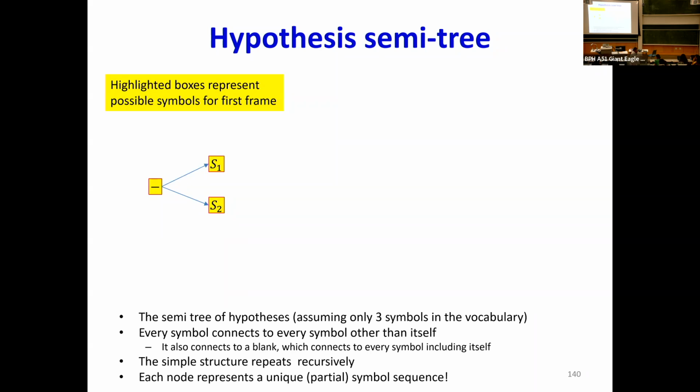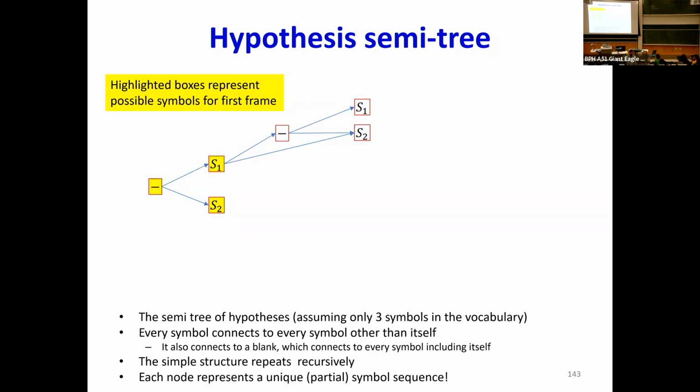Now, what are all the ways of generating S1, S2? I can extend that S1 to an S2. But then what are all the ways of generating S1, S1? For S1, S1, I mandatorily need a blank in between. But then actually, I can also generate S1, S2 in this manner.